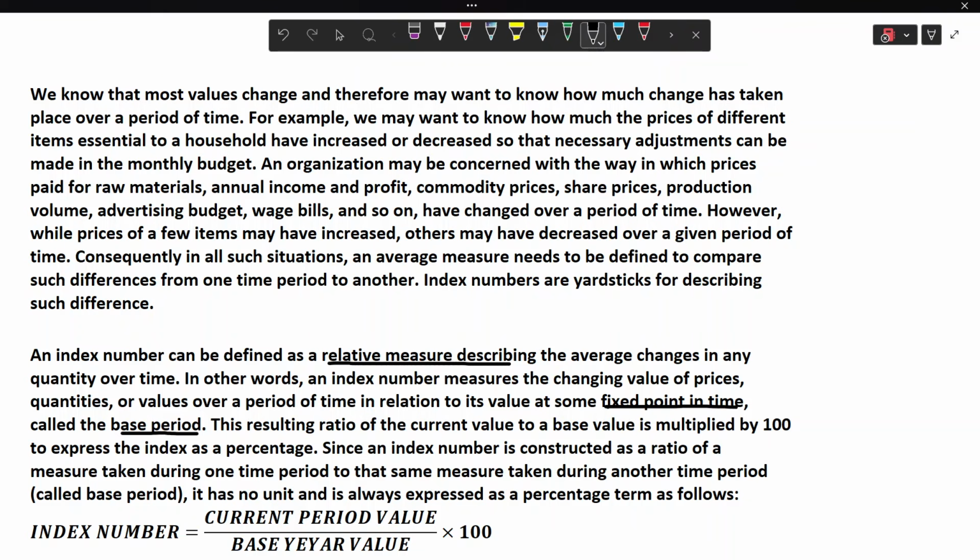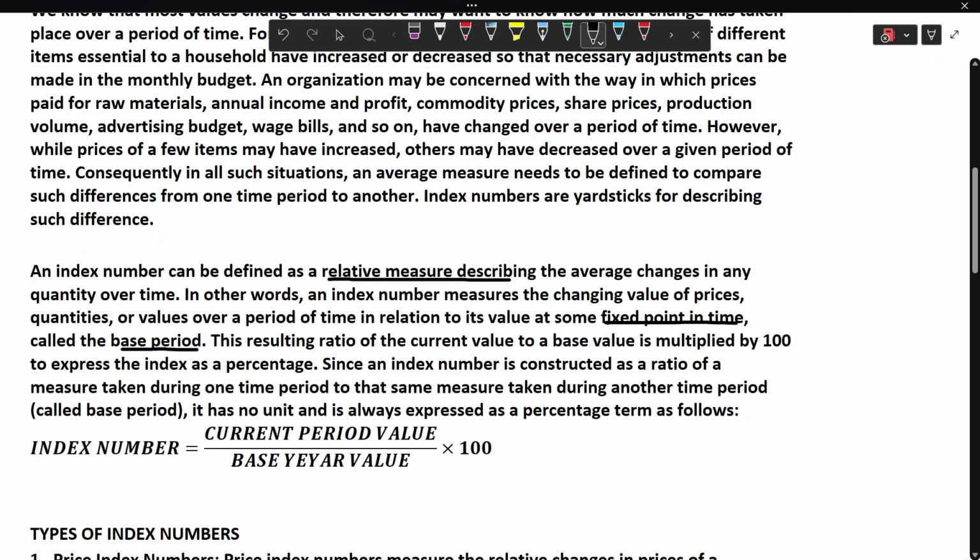This resulting ratio of the current value to a base value is then multiplied by 100 to express the index as a percentage. Since an index number is constructed as a ratio of a measure taken during one time period to that same measure taken during another time period called the base period, it has no unit and is always expressed as a percentage term as follows.